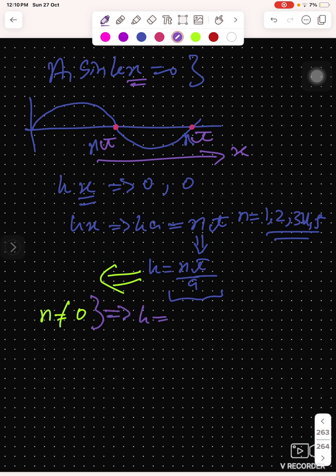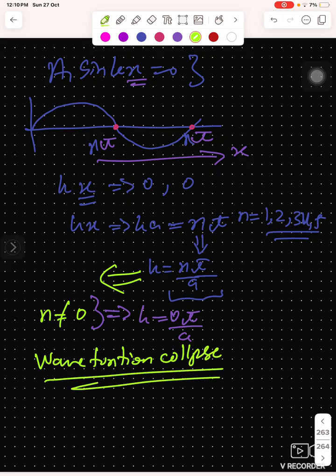Because if n is 0, and 0 times pi is 0, and 0 over a is 0, it would be nothing. The whole wave function would collapse, and we don't want that. So n cannot be 0.